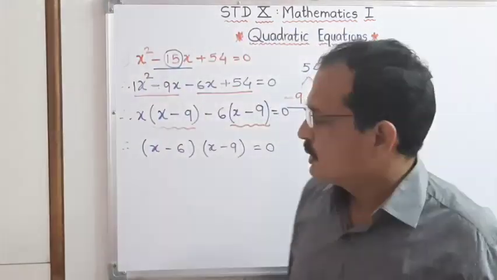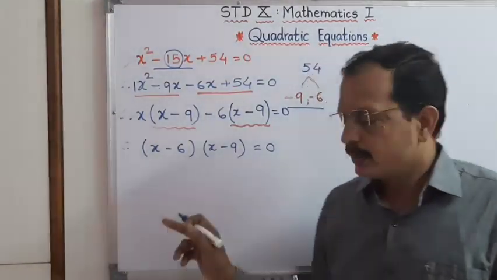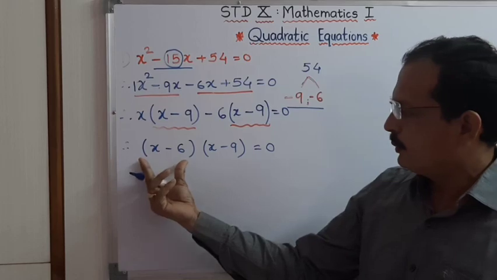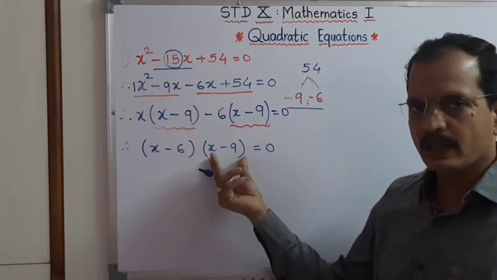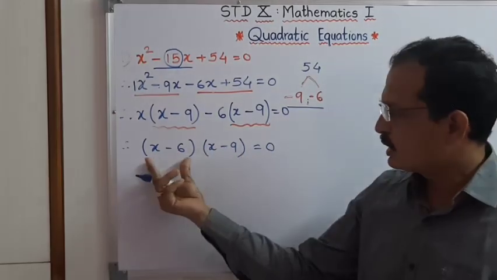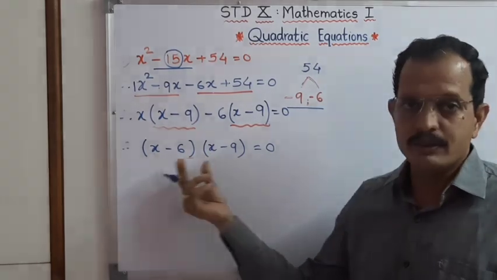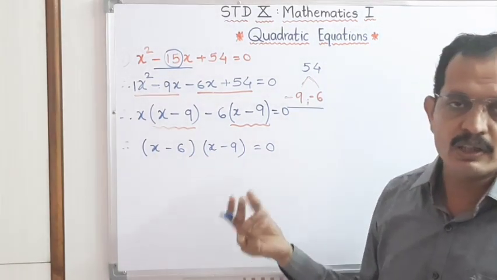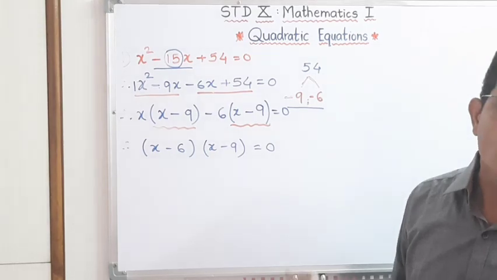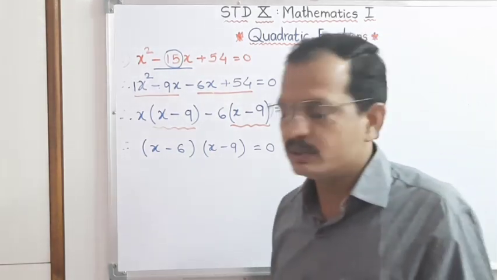Now observe this, student, as I have already told you, this is x minus 6 multiplied with x minus 9, that means the multiplication of these two numbers is 0, and when the multiplication of two numbers is 0, one of the two numbers must be 0.